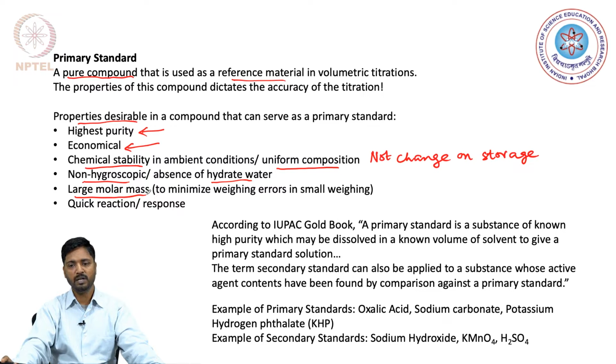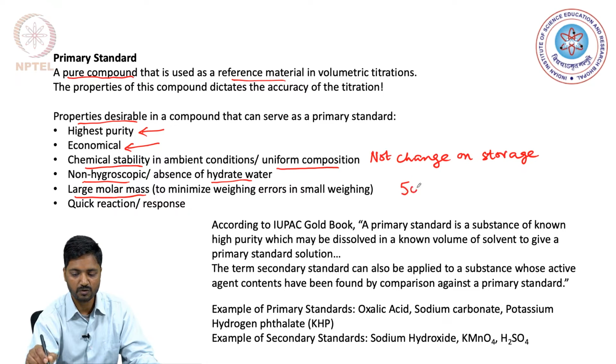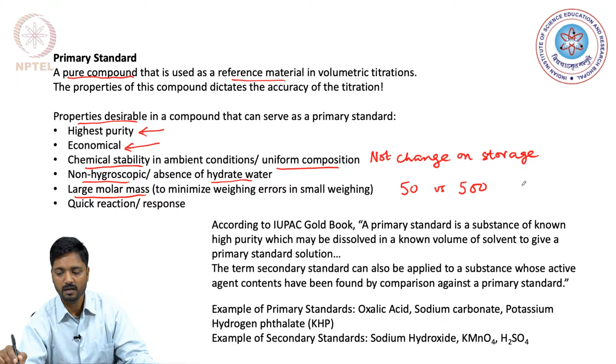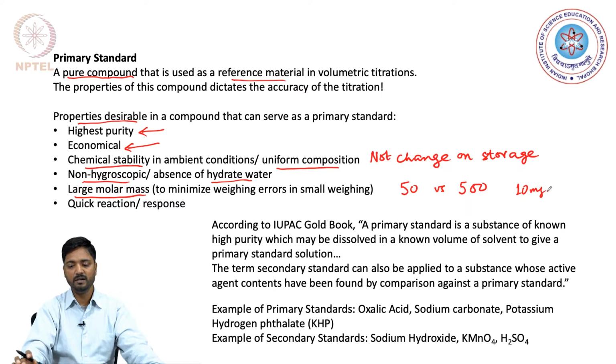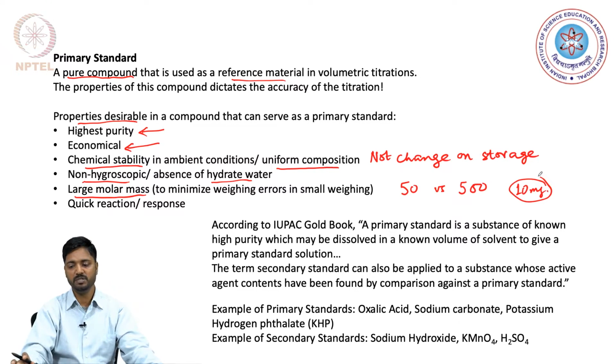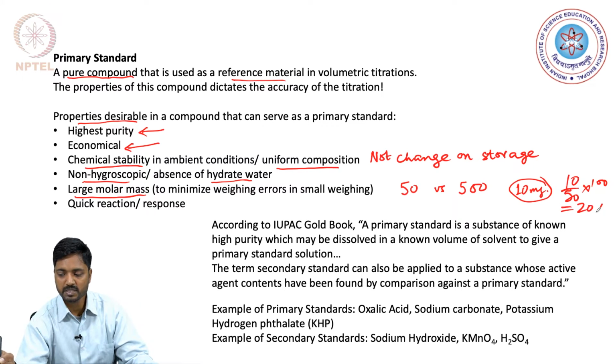So for example, if we have a primary standard which has a molar mass of 50 versus another primary standard which has a molar mass of 500, and we are weighing it on a balance which has say least count of 10 mg, then if we are weighing 50 mg on a balance of least count of 10 mg, then we are undergoing about 10 by 50 into 100, which is equal to 20% error.